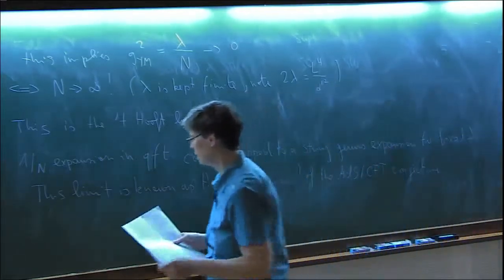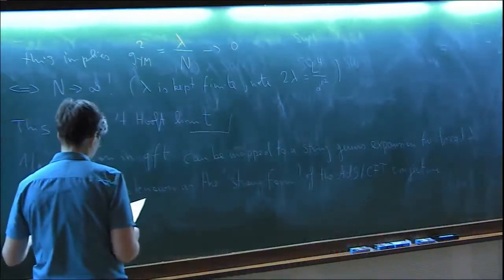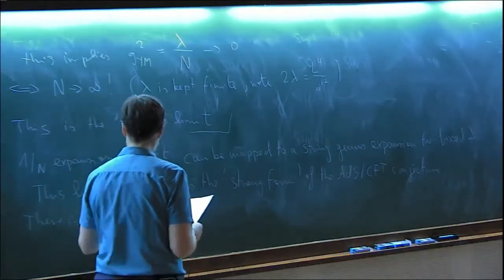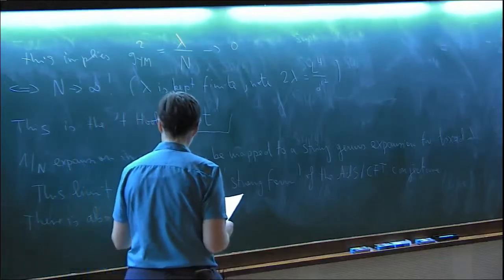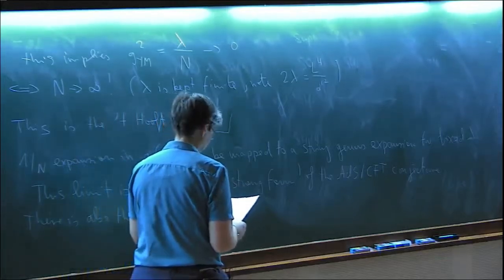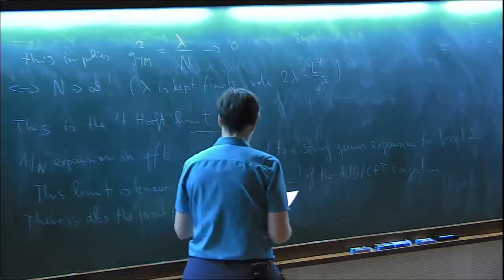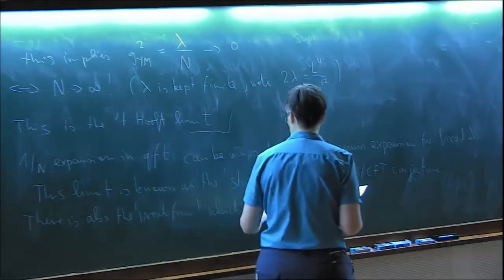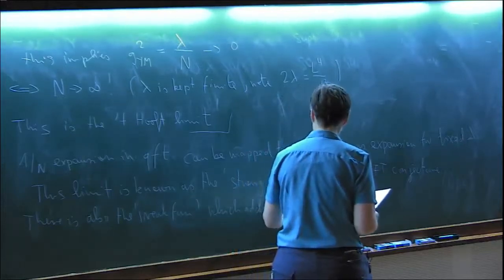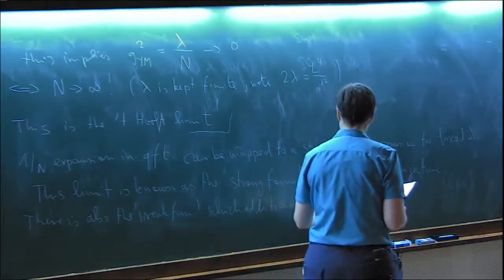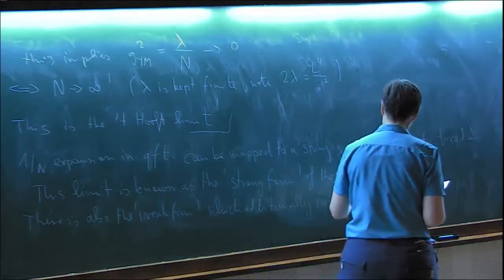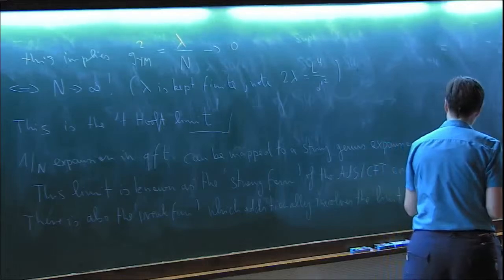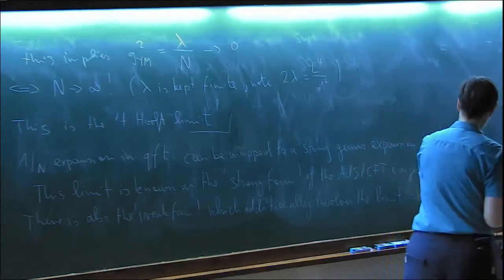There is also a weak form, which additionally involves the limit that lambda, as I defined, is also large.